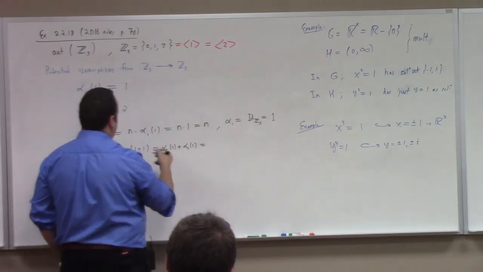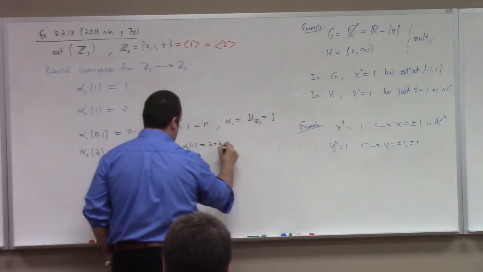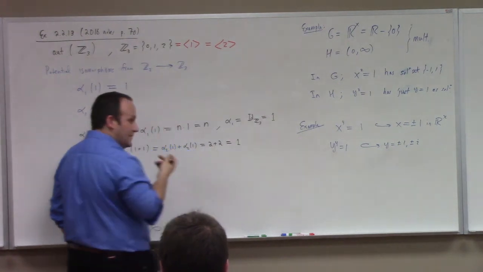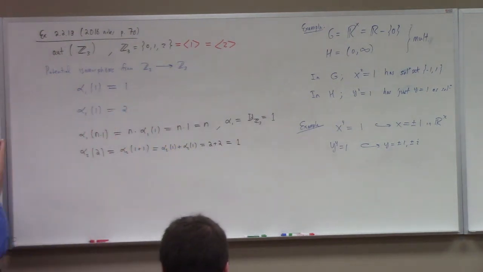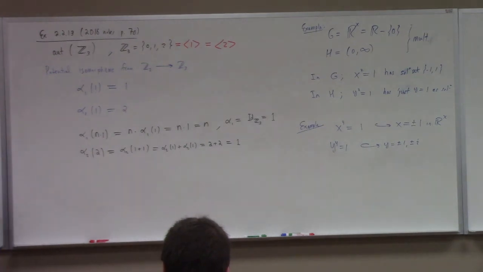So that's apparently 2 plus 2, which is 1 again, right? We're in Z3. I feel like I'm not getting to the point rather efficiently.